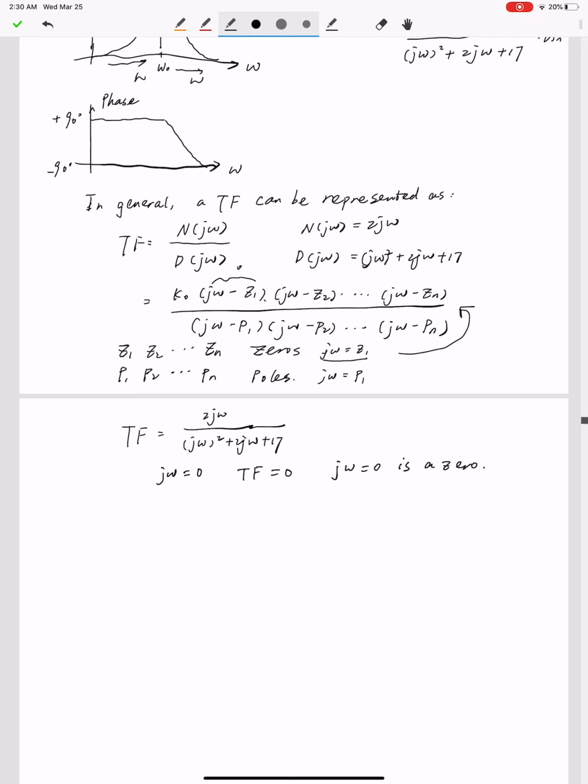What about poles? To find poles, we need to transform the denominator a little bit, right? Because this form is not easy to observe. So we can change it to this form. Well, it cannot be perfectly factored, but let me see if we can.